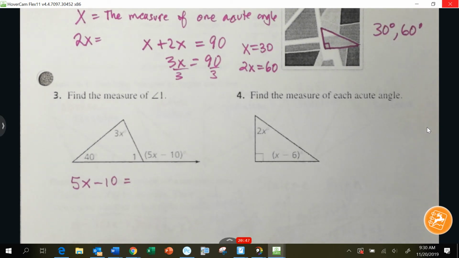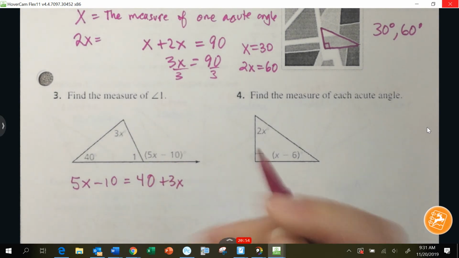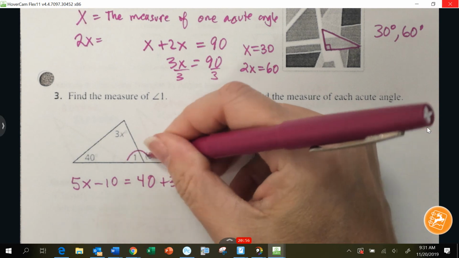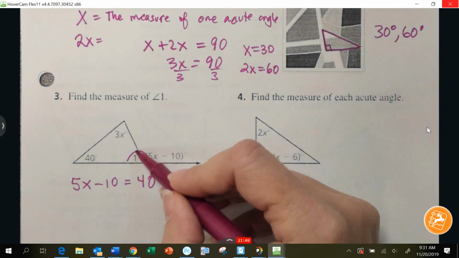Would you do it with the 40 plus 3? Yes. That is one way of doing it, yes. There's another way we could have done it. Aren't these supplementary? Actually, does that even help? That one wouldn't even help. Never mind. Just kidding. Don't do it that way.